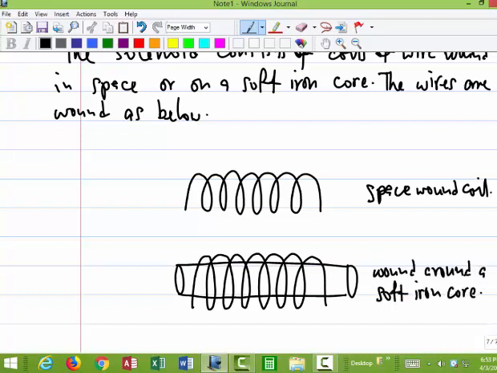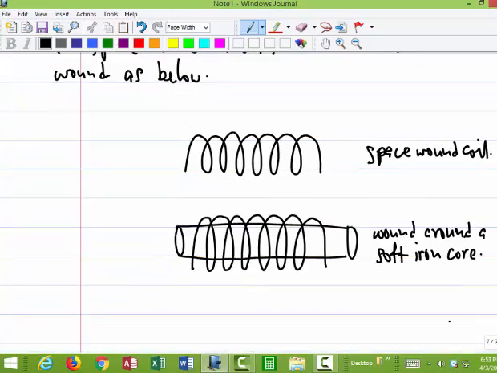And what this does, of course, is make this soft iron core a magnet, right? Let's say the current goes through this way. At the top, the current is into the board, and at the bottom, it's coming out. By the right-hand rule, the magnetic field is uniform in the solenoid and points this way.